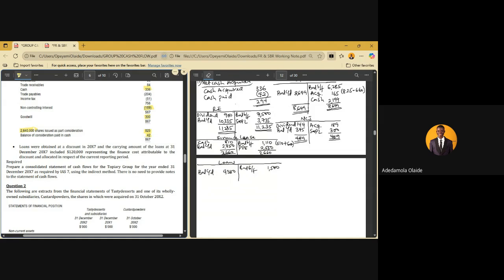So since it's already included in this, we'll bring it to the opposite side and say finance costs, $120.